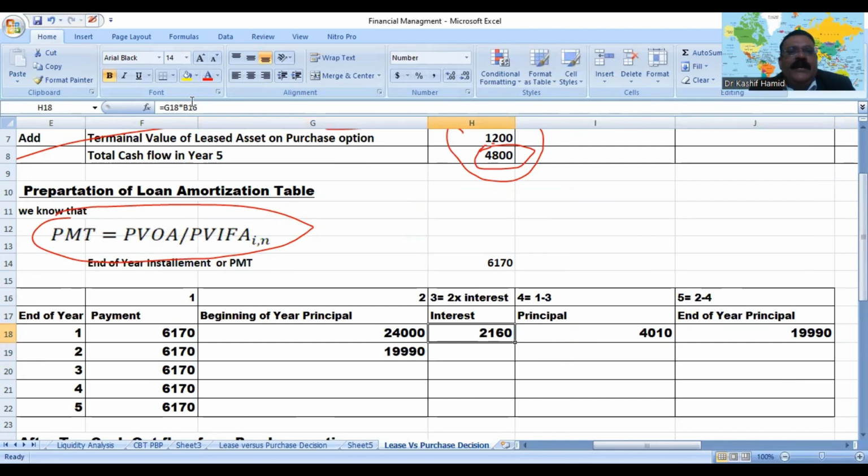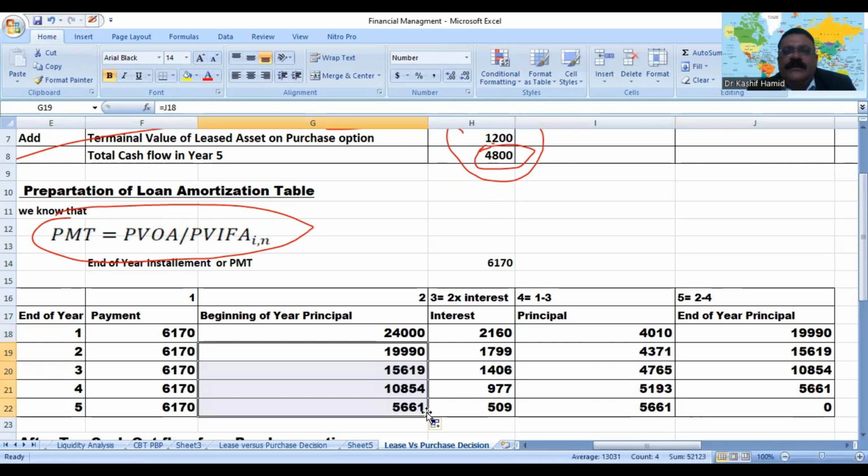Here we will fix the interest rate, and then we will drag these values. So let us complete all these computations, and the loan amortization table has been completed.